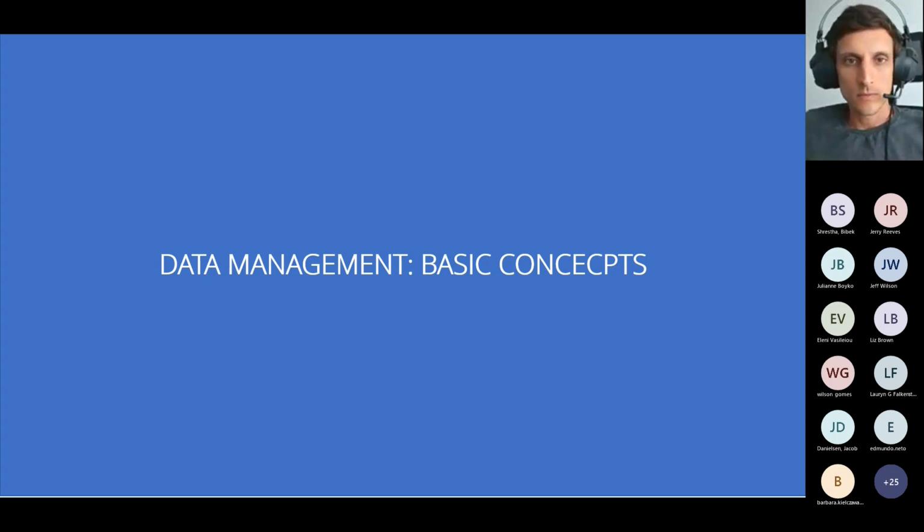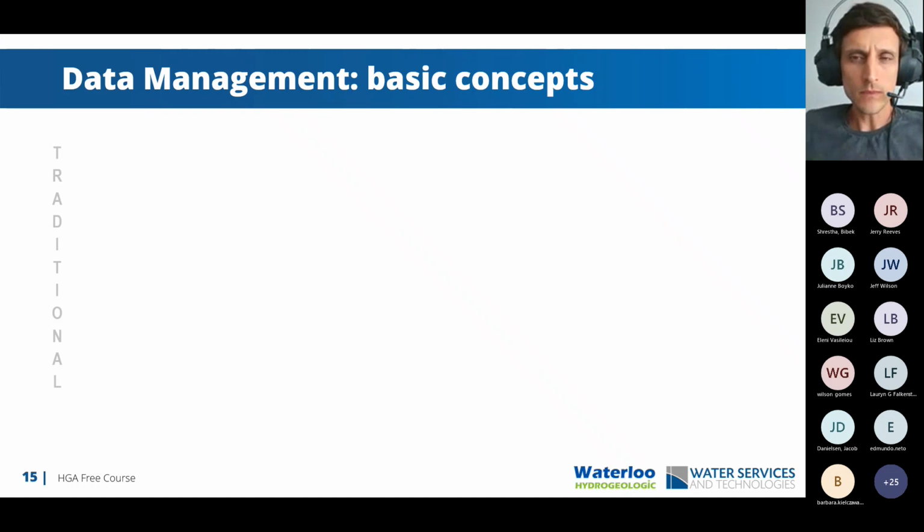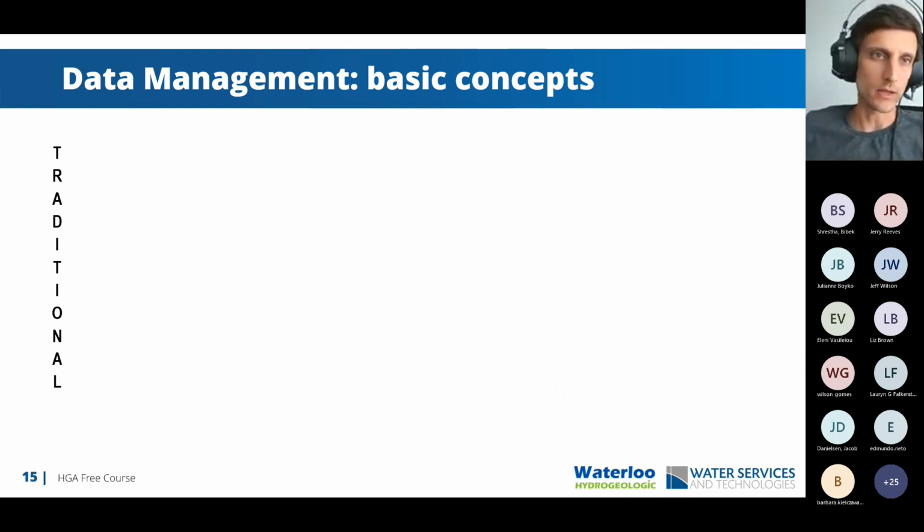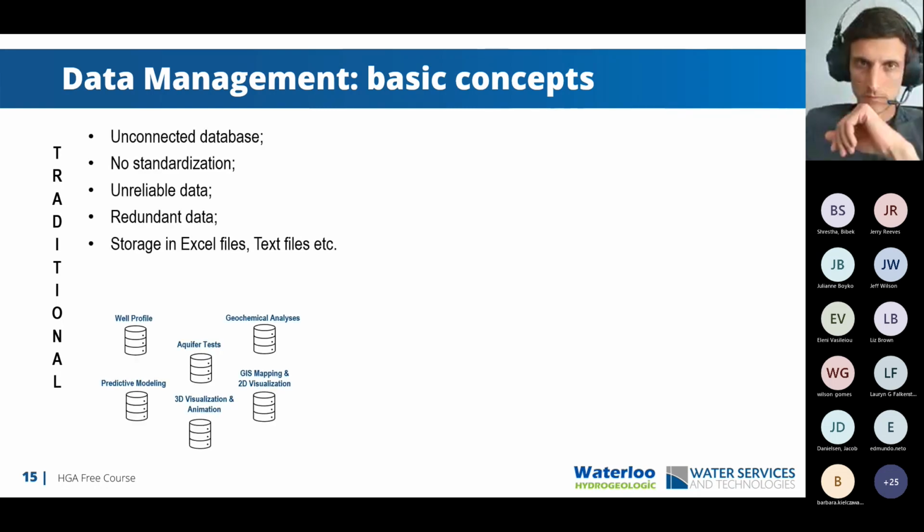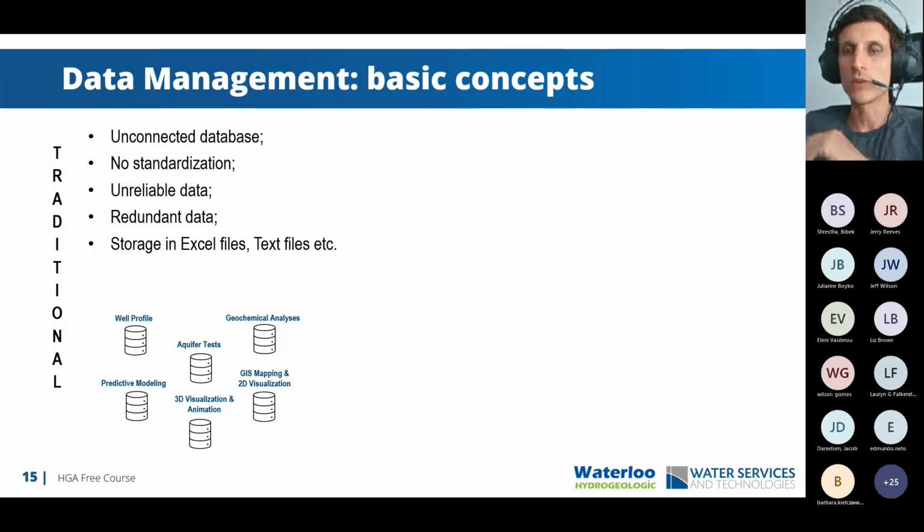So first of all, I'm going to talk to you about the differences between traditional data management and integrated data management. What we call the traditional way is all the Excel files that we have in our computers, the PDF files. That's when you don't have a data management system.